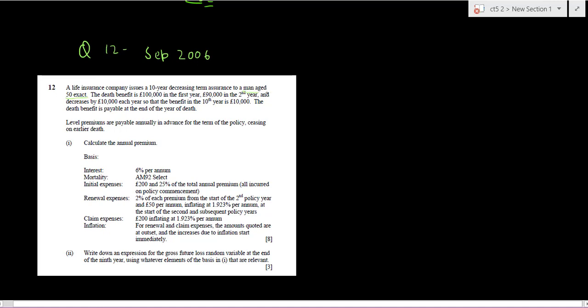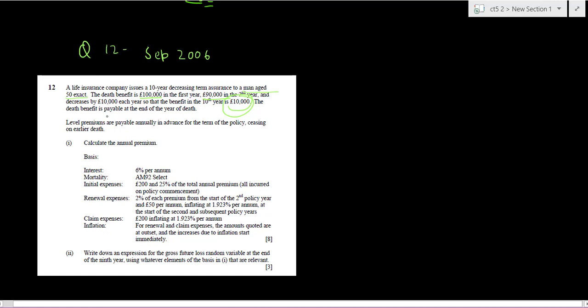So the death benefit is 1 lakh in the first year, second year 90,000, so on and so forth. It decreases by 10,000 each year, and finally in the last year it is 10,000. So in the 10th year it is 10,000.